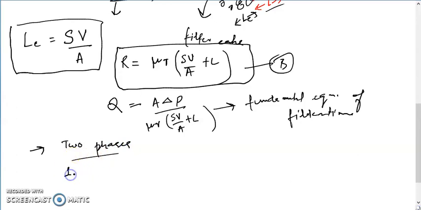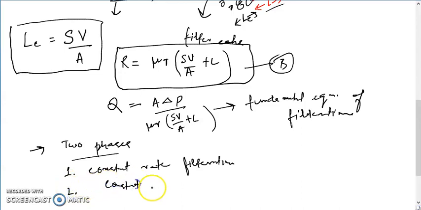Number one is constant rate filtration, and second is constant pressure filtration.